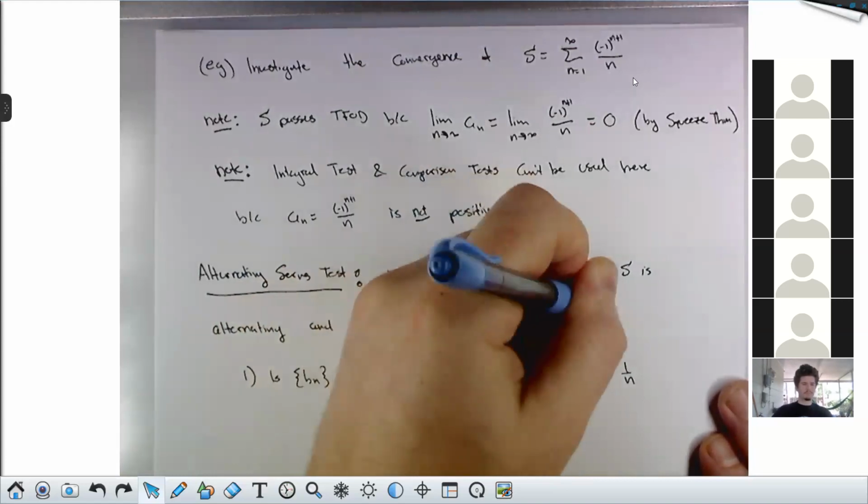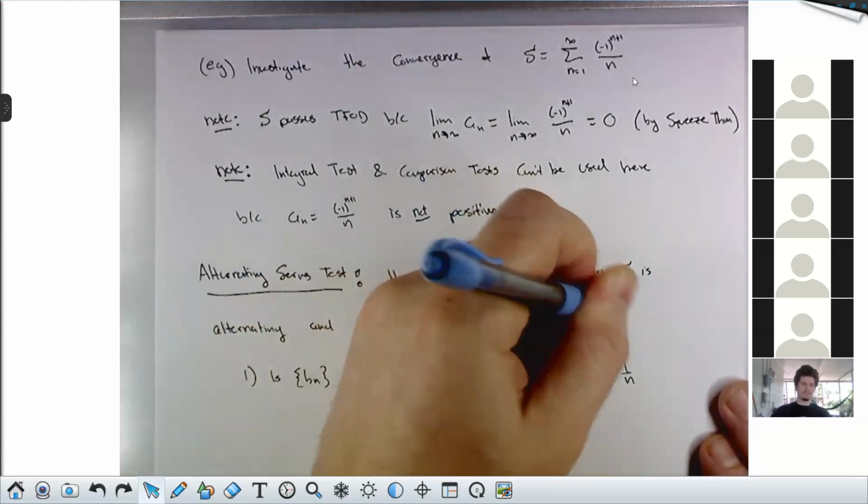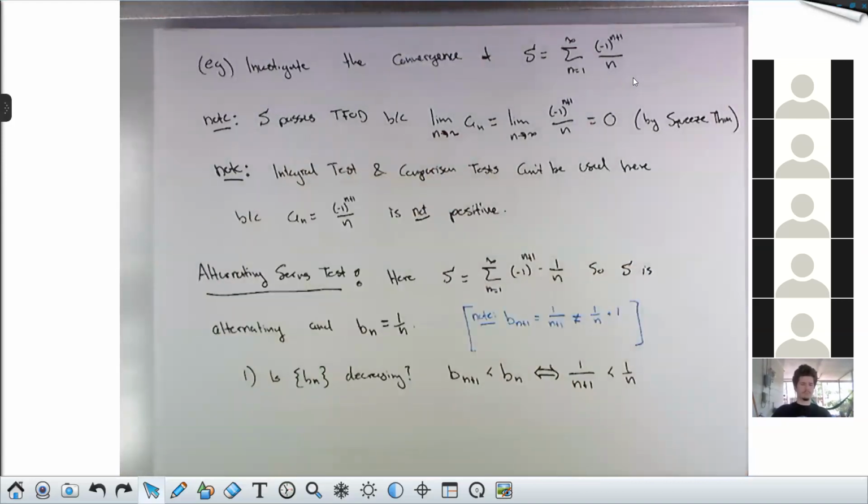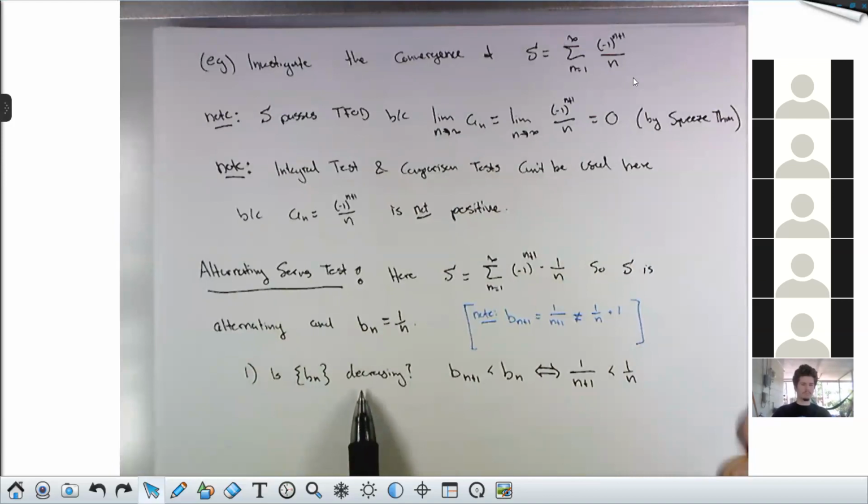It's not 1 over n, plus 1, like this. Very different. So the inequality we need to prove to show that bn is decreasing is this inequality. When I just plug in my bn's, I get this: 1 over n plus 1 is strictly less than 1 over n. Is that true?